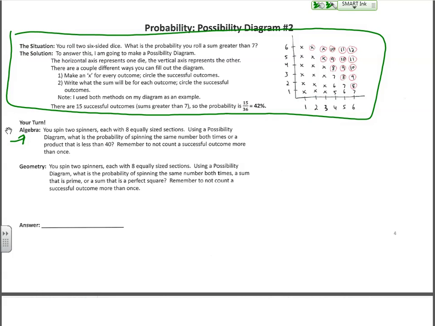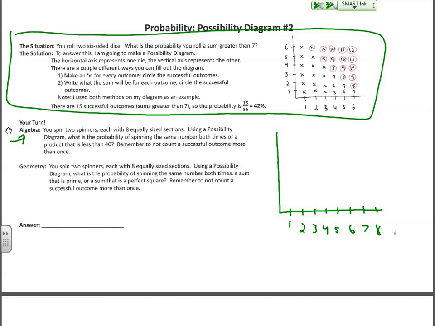So getting your possibility diagram started, how far will my x-axis go out here? 8. Why? Because our spinner has 8 sections on it. And we'll mark those 1, 2, 3, 4, 5, 6, 7, and 8.